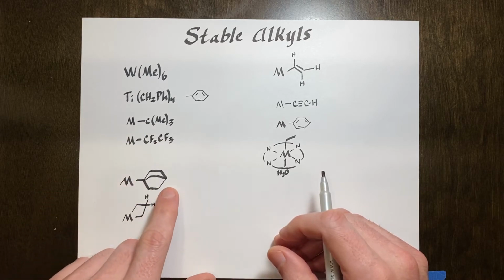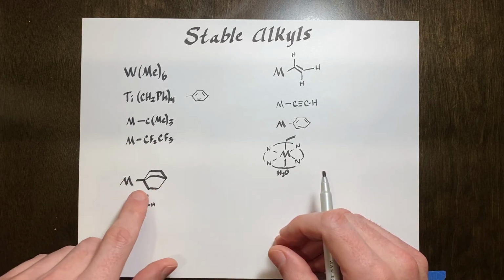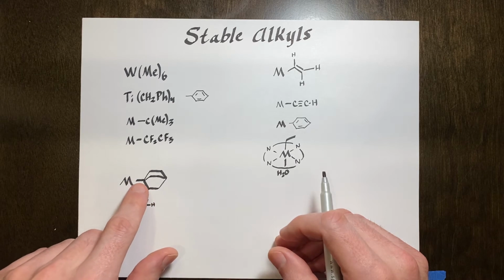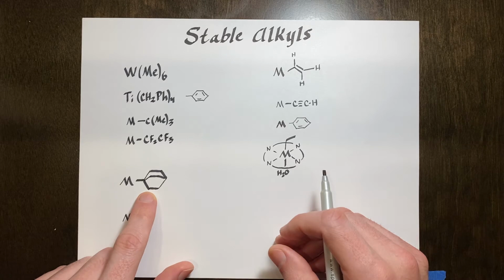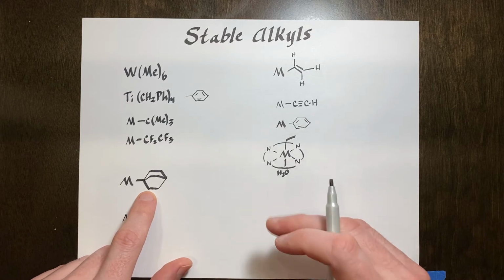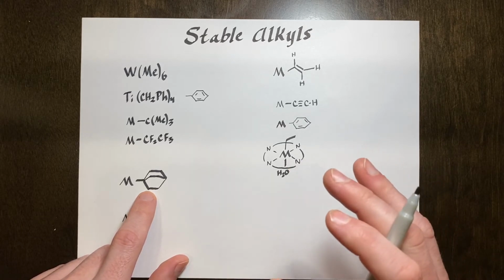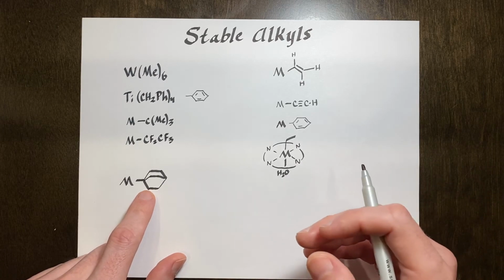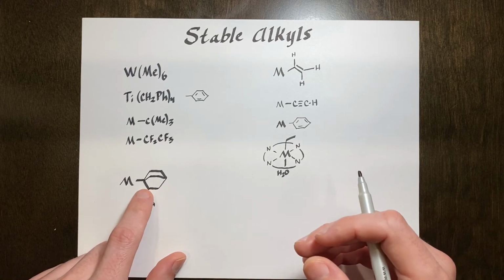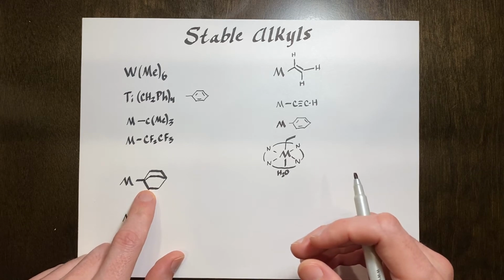Down here we have hydrogens that are, yes, we have beta hydrogens, but they're kind of tied back. They're not easy to rotate around into the right position, and so this is less likely to beta hydride eliminate.